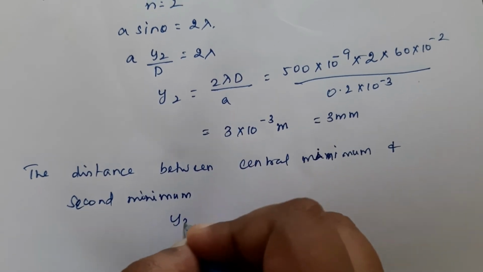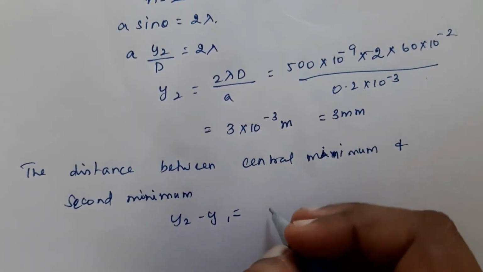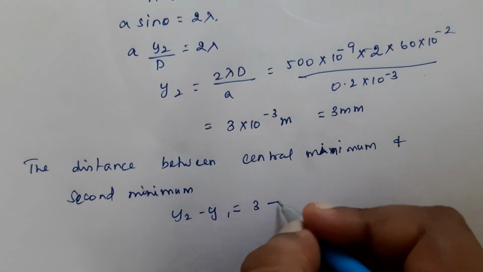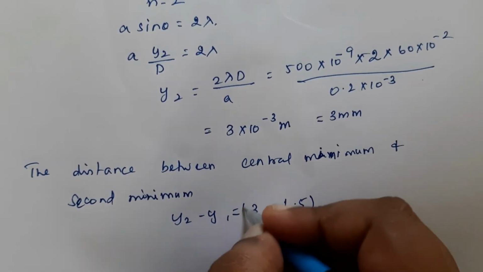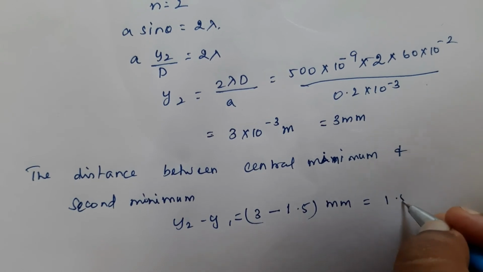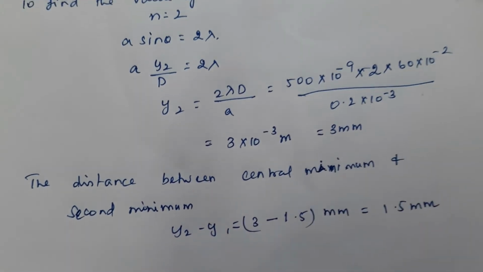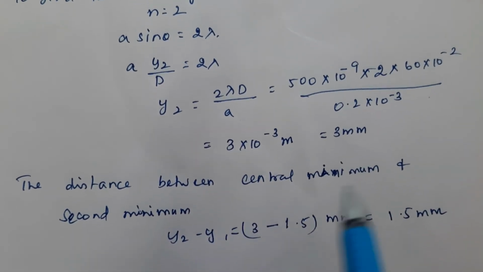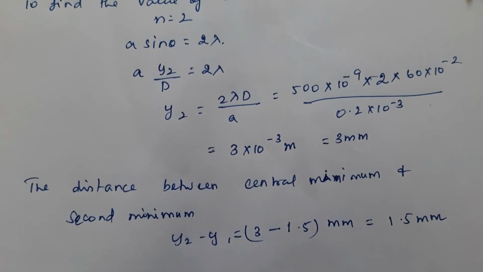That is y2 minus y1. What is your y2 value? 3 millimeter minus 1.5 millimeter. So what you are getting here is 1.5 millimeter. So this is the distance between the first minimum and the second minimum.